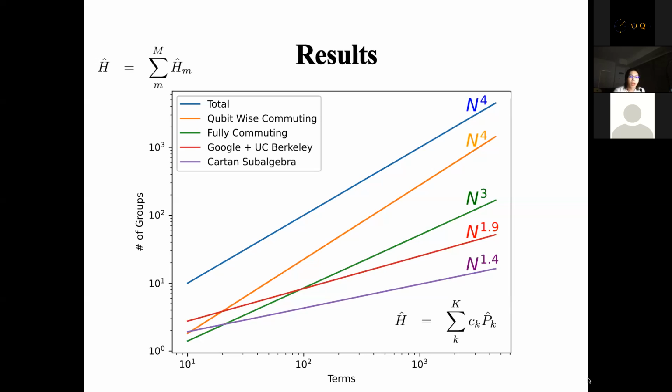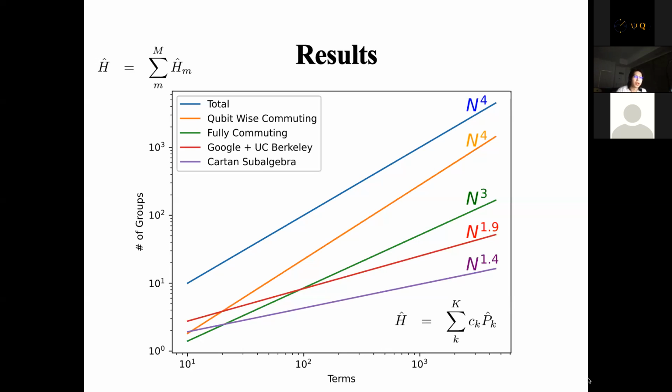A slightly more complex method is the fully commuting one. In the blue line and the green line, you can see it reduced the scaling by a linear term. Now, the method that I skipped, which was developed by our competitors from Google and Berkeley, managed to reduce this to n-square scaling.